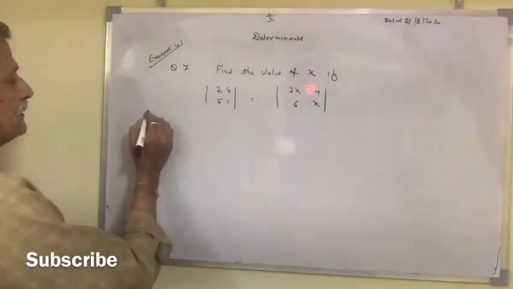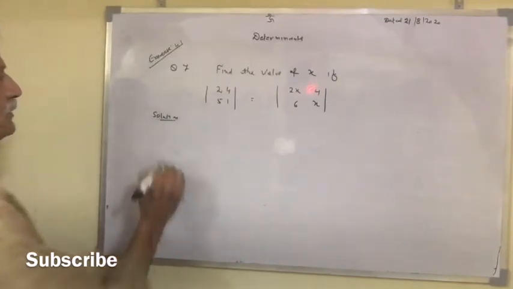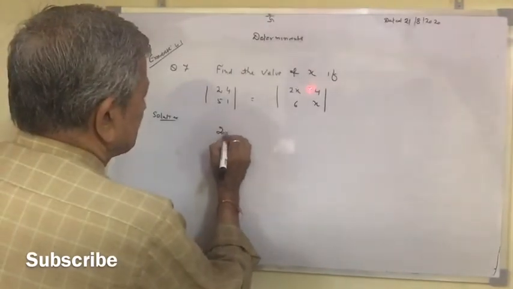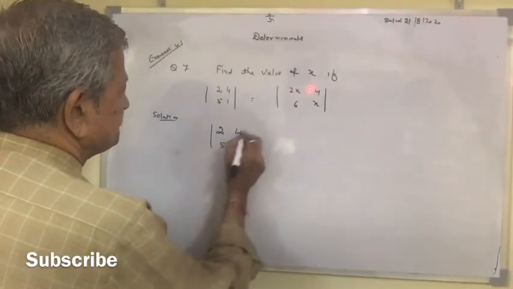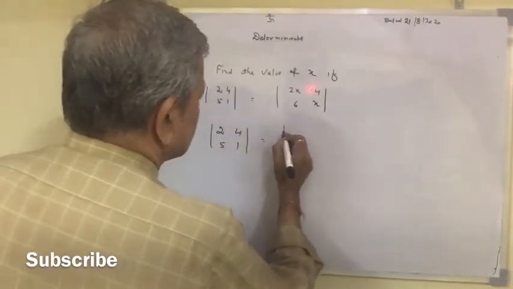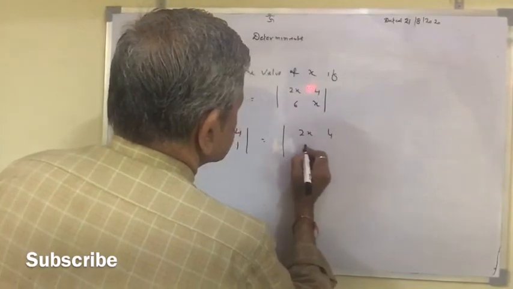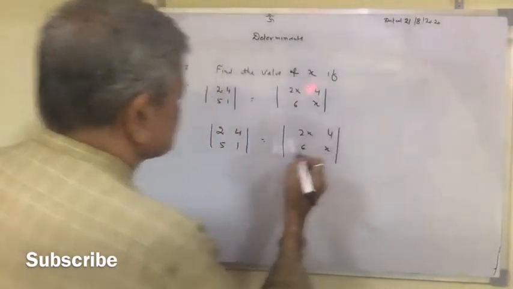As you know, we are doing the questions as per the rule of determinants. I'll write down the question first. Here 2x 4, 6 x.